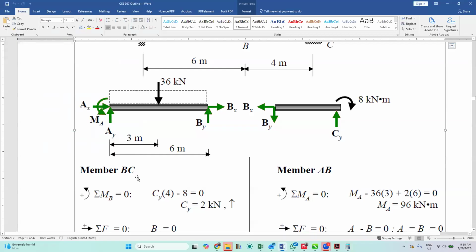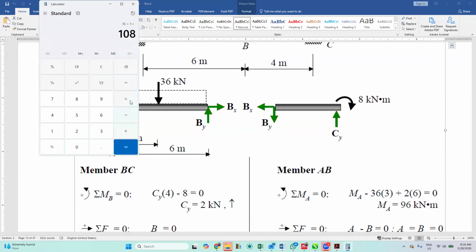So by equals what? 108 divided by 6 is equal to 18 kilonewton. So that's my by.